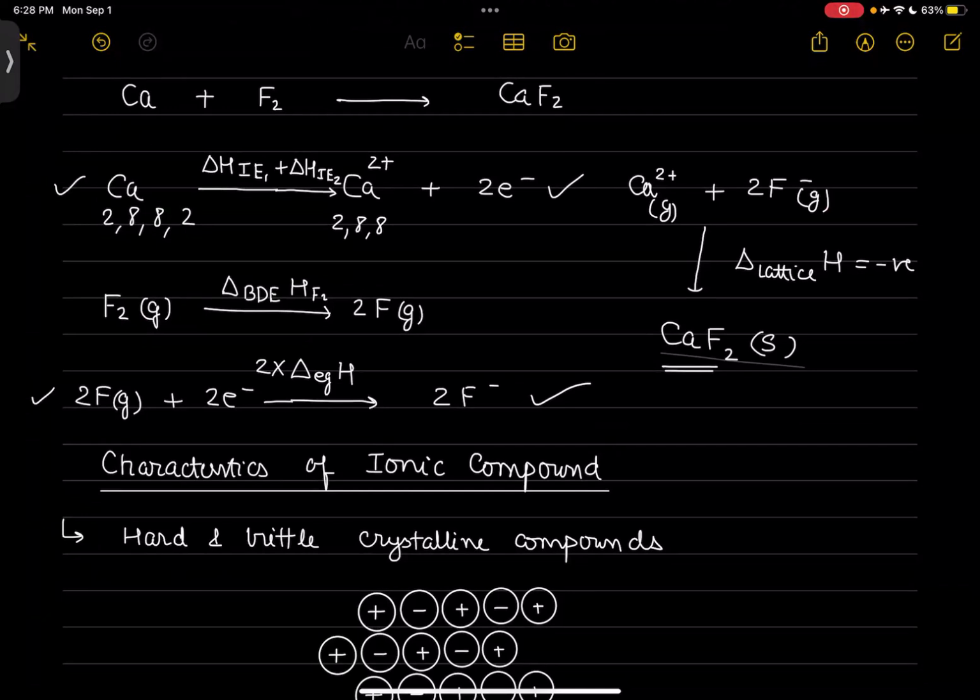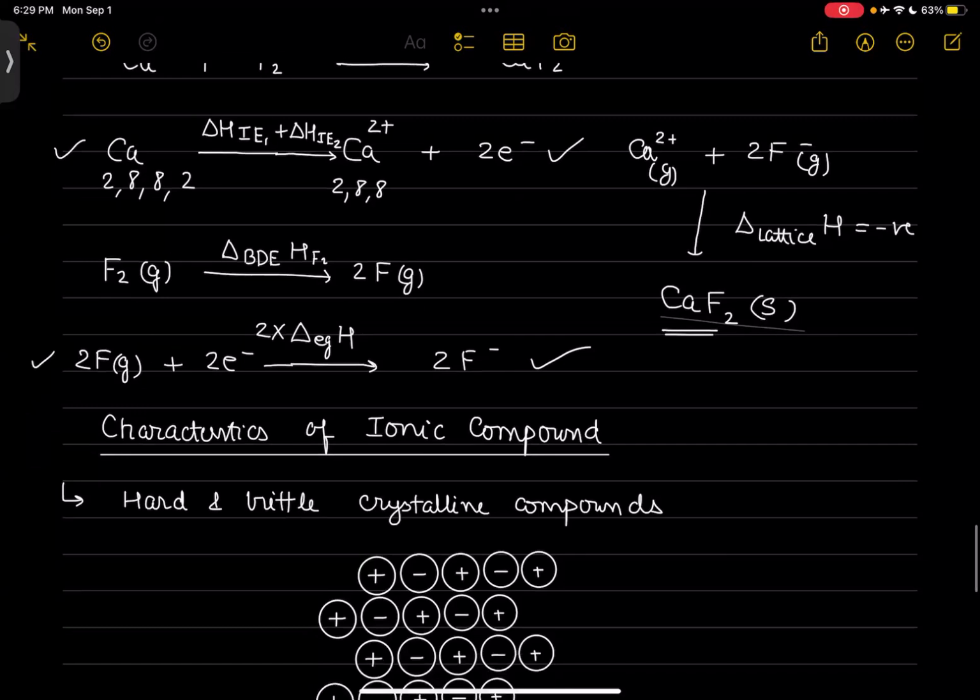Lattice enthalpy is the energy which is released or which is required. Suppose you take 1 mole of ionic solid and give it the lattice energy, the ions will completely evaporate into the gaseous phase.